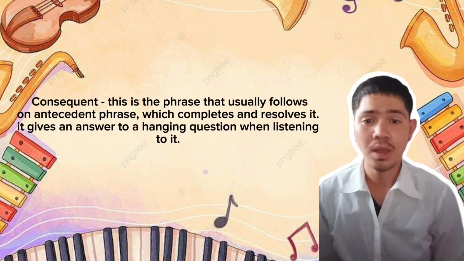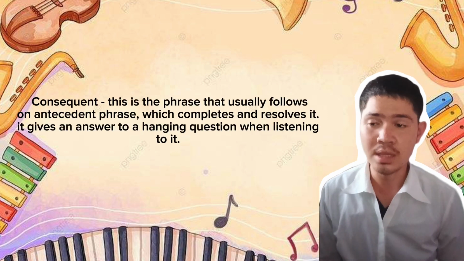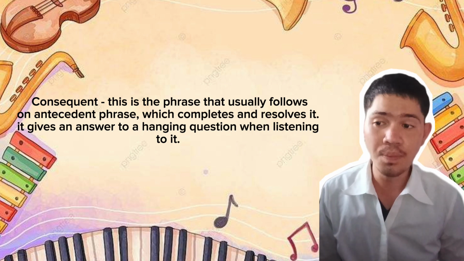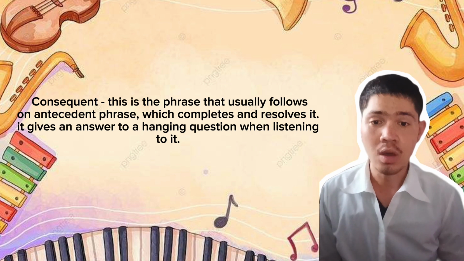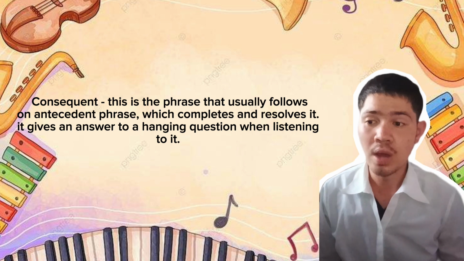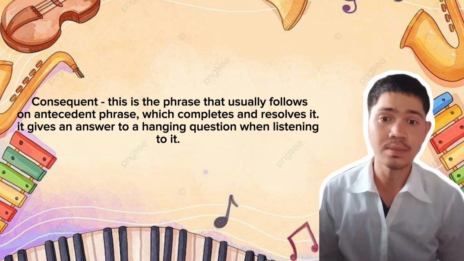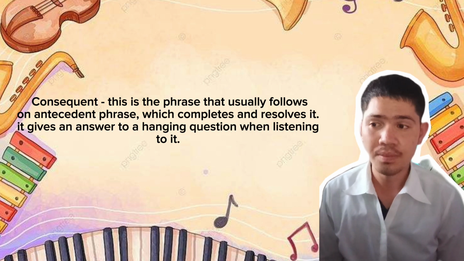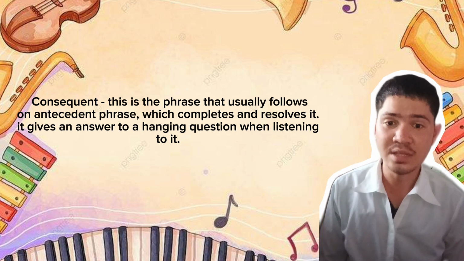Consequent is the phrase that usually follows an antecedent phrase, which completes and resolves it. It gives an answer to a hanging question while listening to it. Do you follow? An example of antecedent.